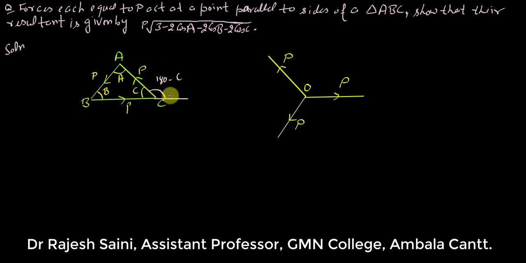Now this line is also away from C, this is also away from C, so now we can measure the angle in the anticlockwise sense. So this angle is 180 minus C. Done. Similarly, extrapolate so as to see the angle between this and this.